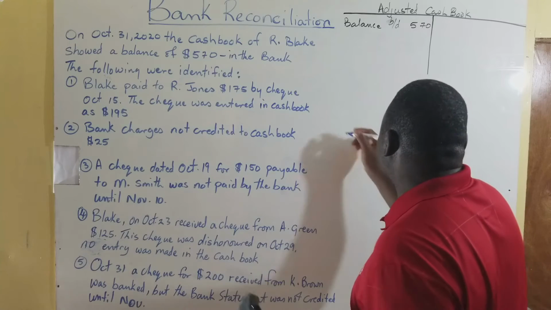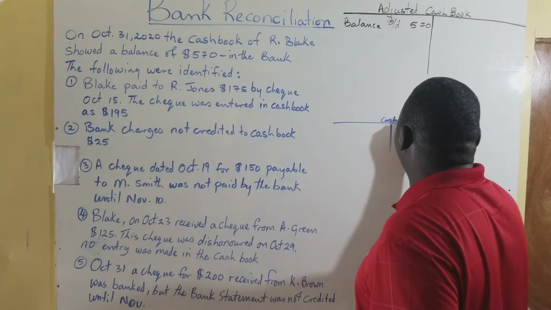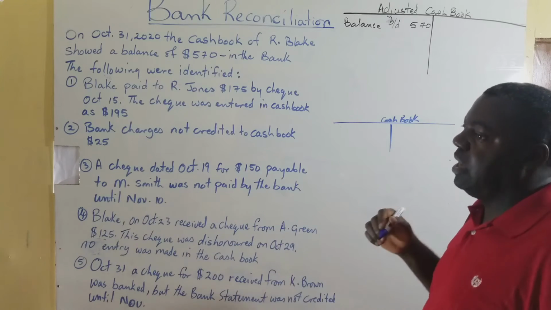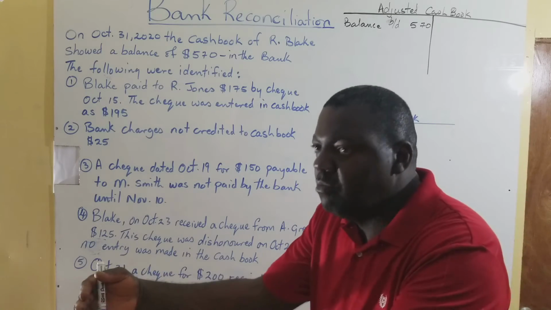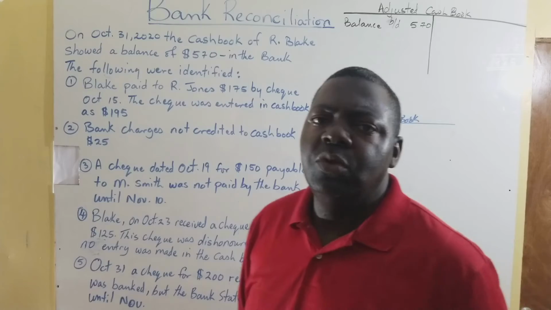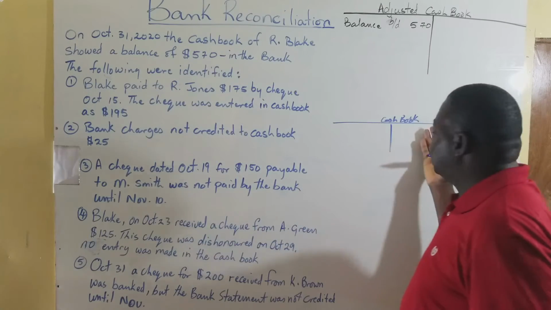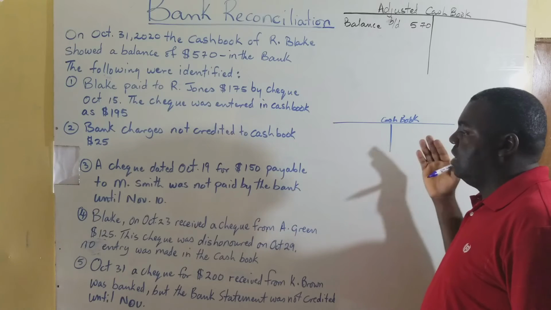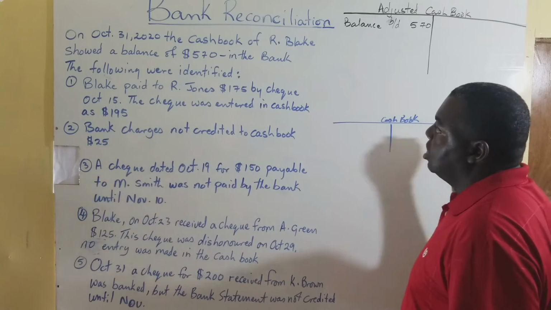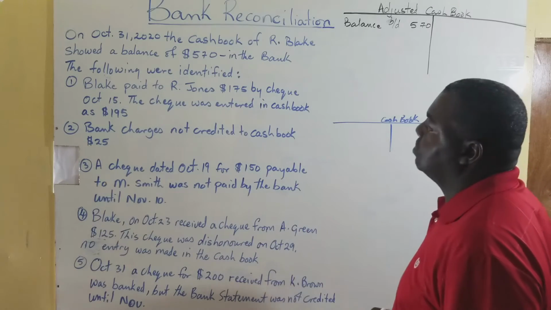Let me just draw something simple here. This is the original cash book. And if Blake had paid out some money to Jones, this is the side that you would have recorded. When you pay out money, it's on the credit side. So you should have paid out $175 to Jones.